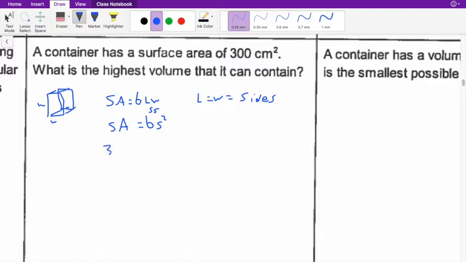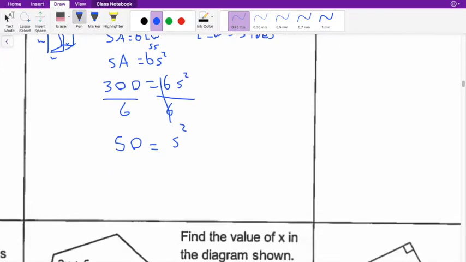And we know our surface area is 300. Equals 6S squared. So now, to get rid of the 6, we divide by 6. These will cancel out. Equals 50. S squared. So how do we get rid of a square?